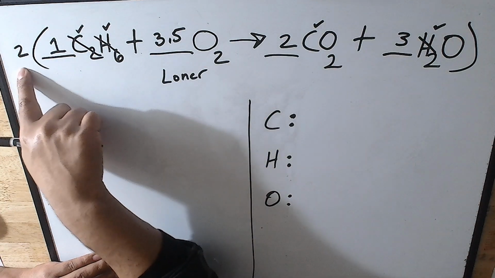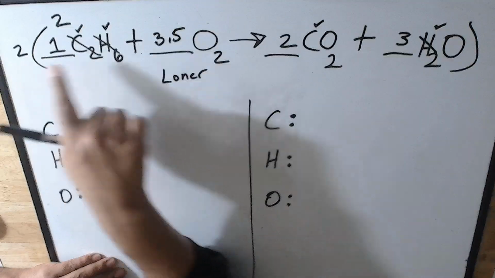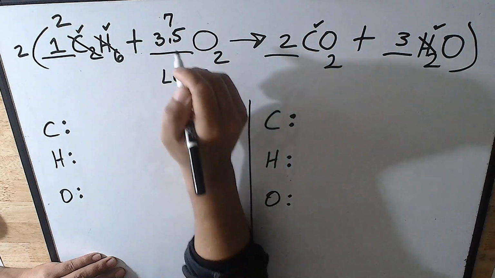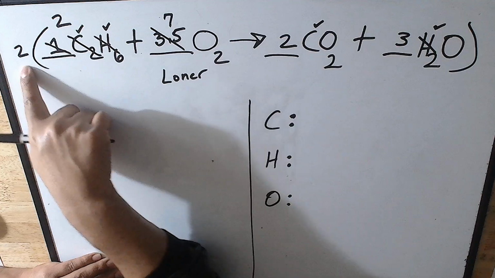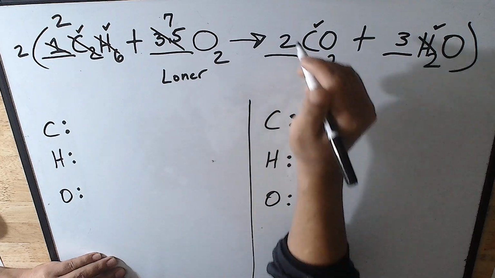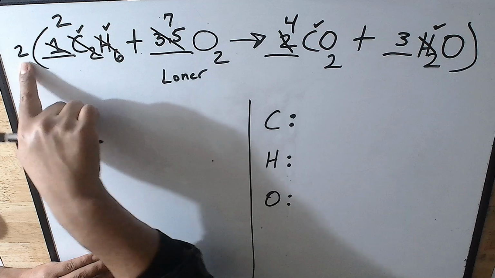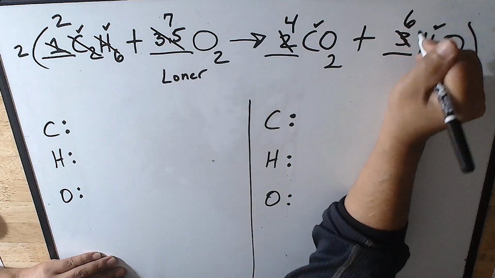And then this 2 is going to distribute to all of the coefficients. So you're going to say 2 times 1 is 2. 2 times 3.5 is 7. And then 2 times 2 equals 4. And then 2 times 3 is 6.